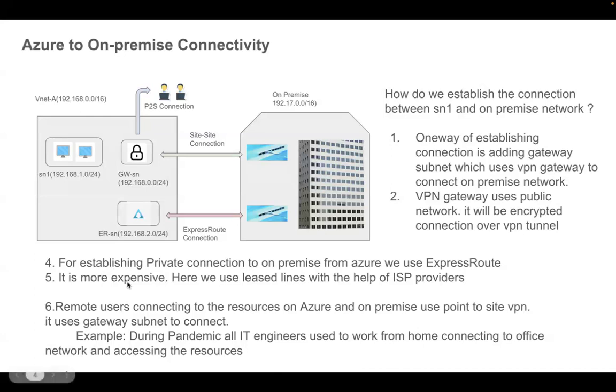It is a little more expensive, and leased lines are provided by the ISP. We also call these leased lines an MPLS connection. Those MPLS line connections are established between the on-premise and express route.